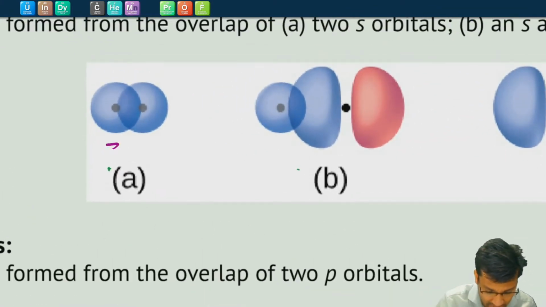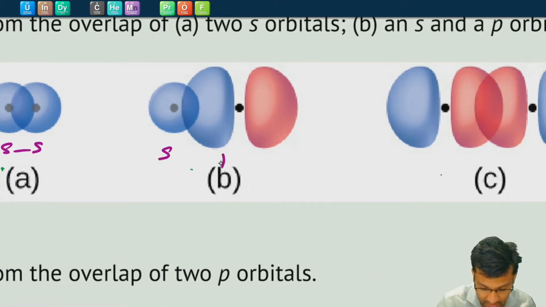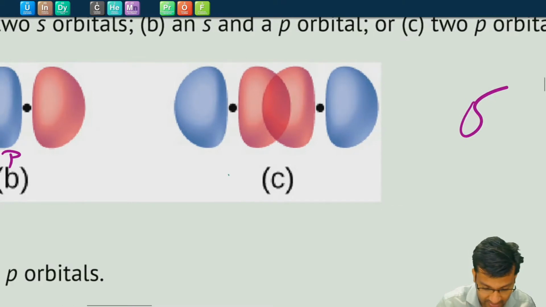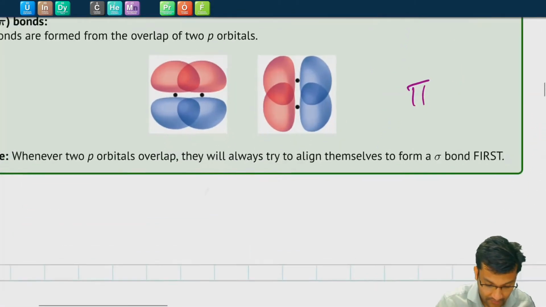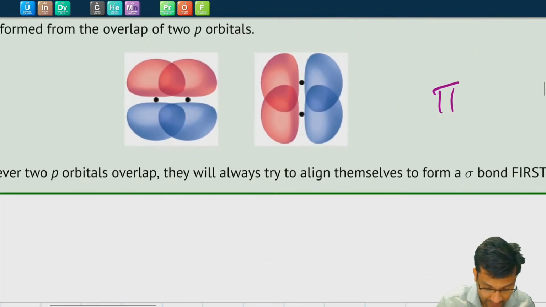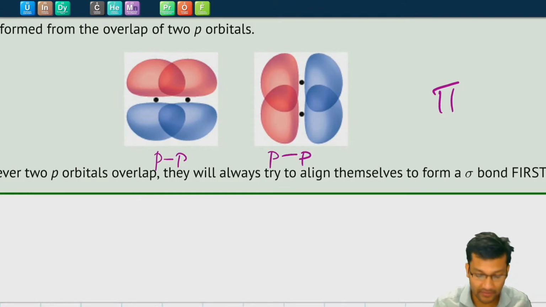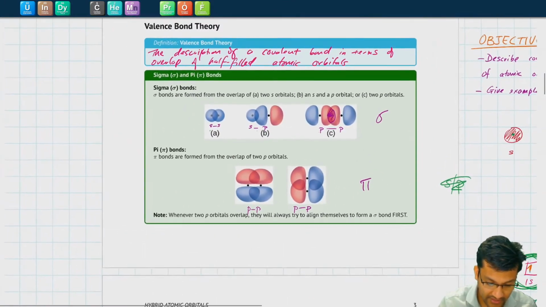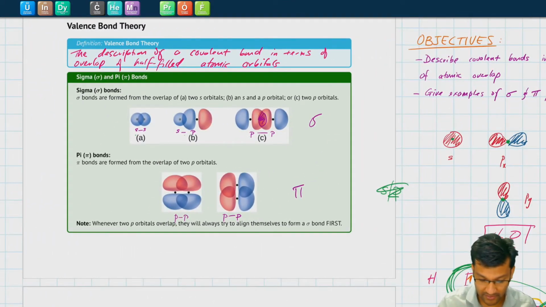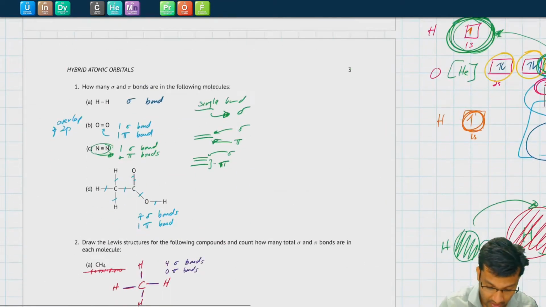If we have two s orbitals, they overlap to form a sigma bond. If you have an s and a p orbital, they also overlap to form a sigma bond. Or if you have two p orbitals, they will also form a sigma bond if it's the first time that they're overlapping. For pi bonds, we have overlap of p orbitals when it's not the first time that they're overlapping.